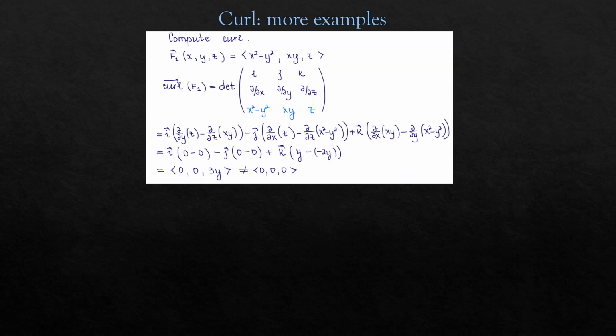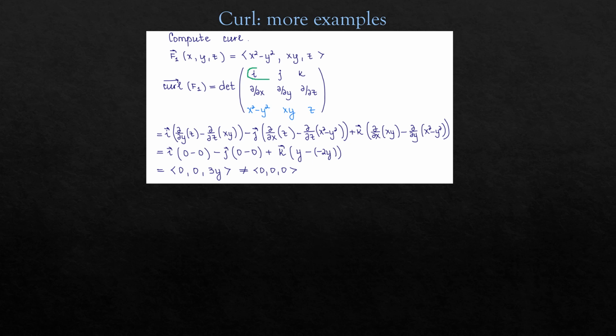Let's discuss a couple more examples of computing the curl. So here is my vector field F1 with components x squared minus y squared, x, y, and z. Let's go through the computation here. Curl of this vector field is the determinant of the following matrix.